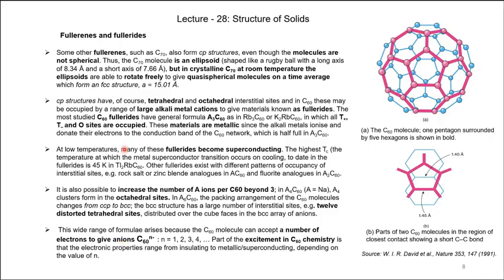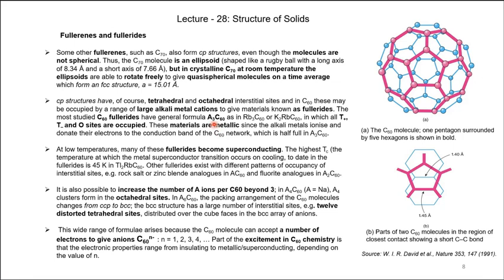So those octahedral interstitial sites in C60, if these are filled by large alkali cations, then we call this a fulleride. The total class of compounds, we call fullerides.